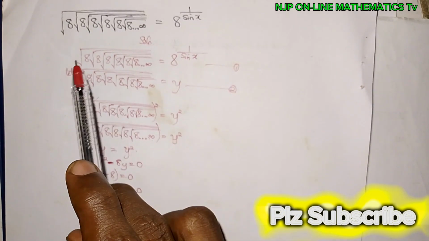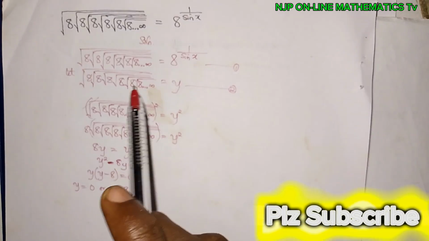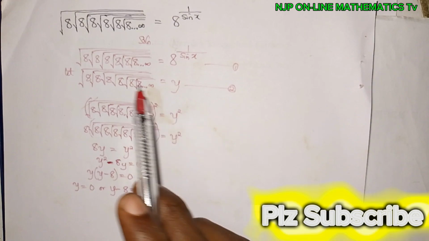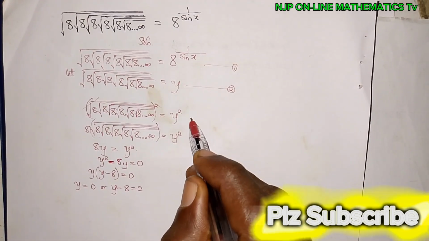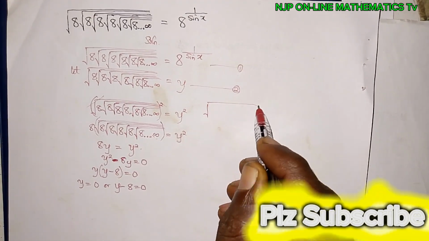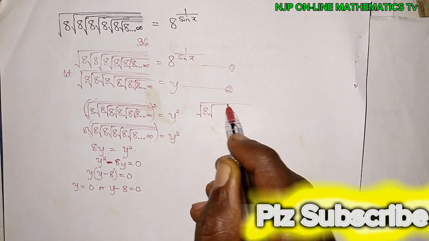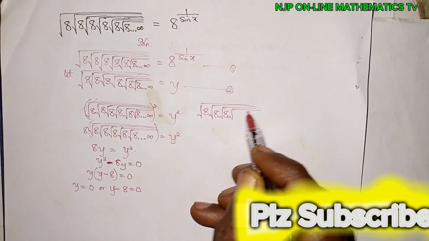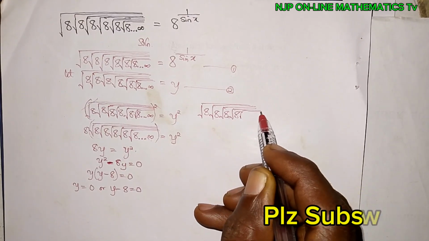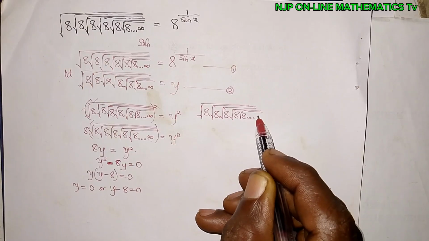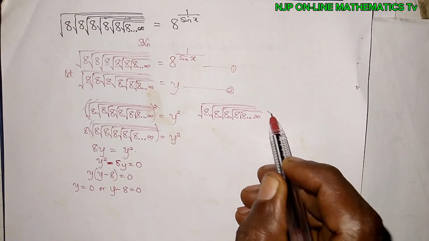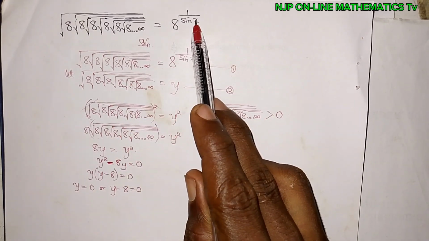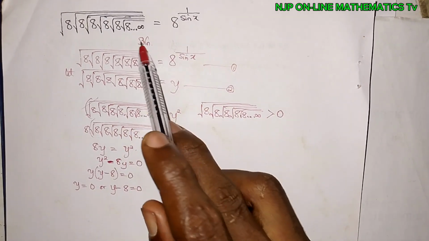But from here, we need to take note of something in this expression. The whole root of 8 multiplying the whole root of 8, as it continues to infinity, must be greater than 0 for us to determine the value of x here. It must not be less than 0.